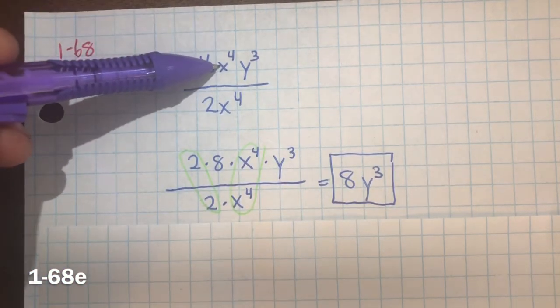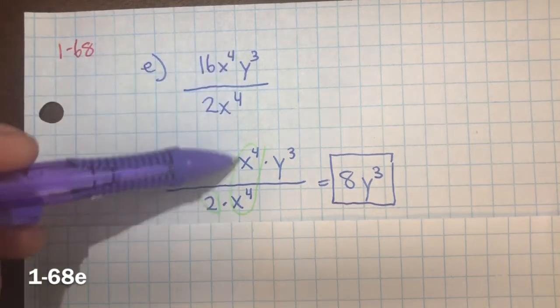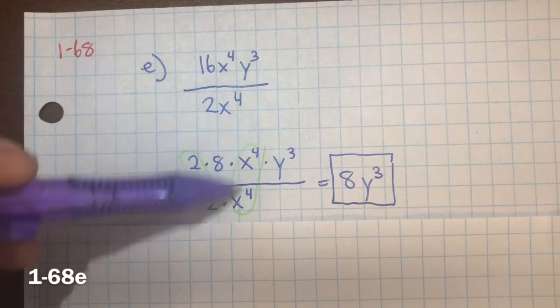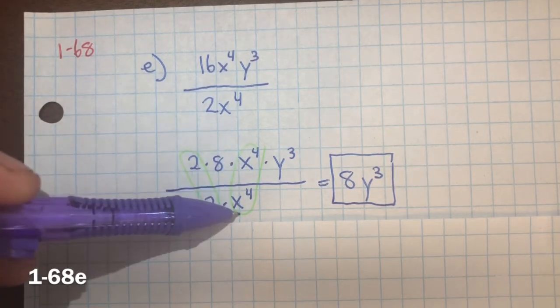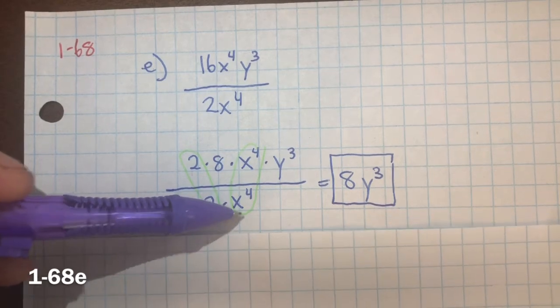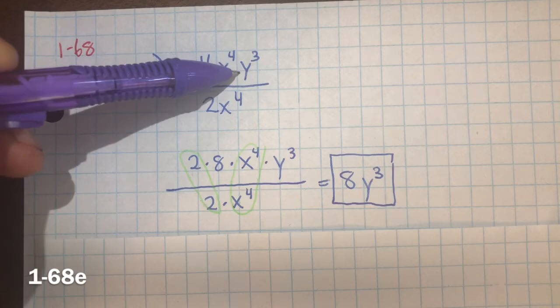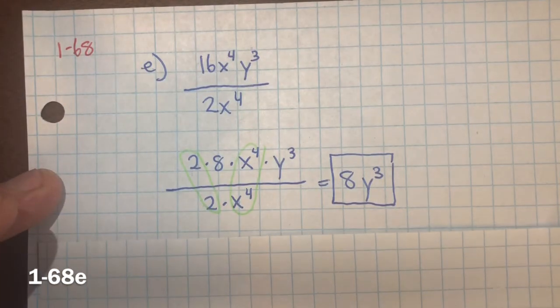Here we have x to the 4th divided by x to the 4th. Well, that creates a giant 1. So anything multiplied by 1 is itself. So we can go ahead and eliminate those two terms. And then we are left with y to the 3rd, which we get 8y to the 3rd.